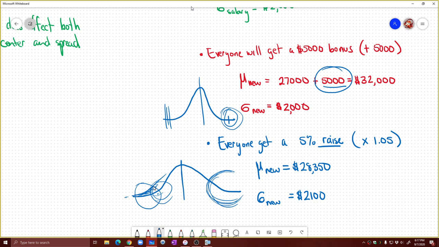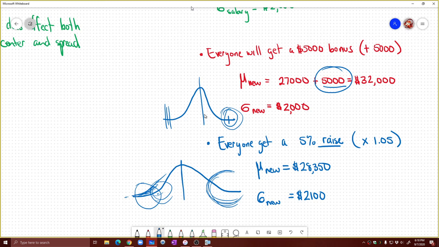So yeah, it increased, but then it spread out. So that's where we see this transformation of data. Okay, so notice here, I don't have any actual salaries to look at. I'm just using the transformation that's described to me to be able to tell you what the new mean and standard deviation are going to be.